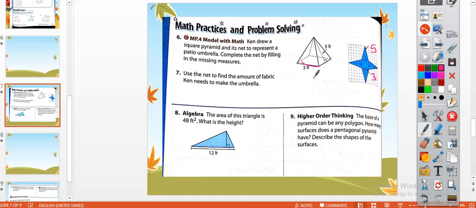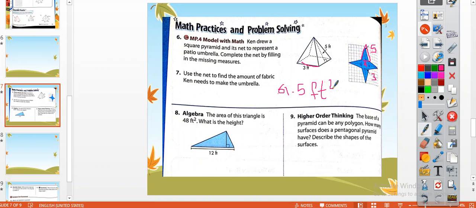So you're just gonna find the area of one triangle, base times height, then multiply this number by 4, then find the area of the base. You will have the answer of 61.5 square feet, which is the amount of fabric needed.